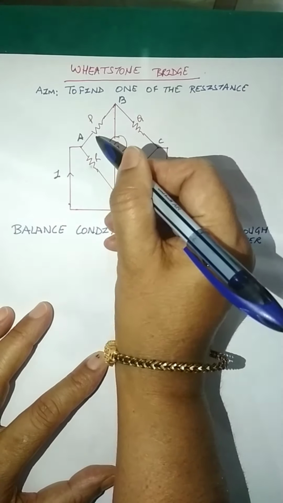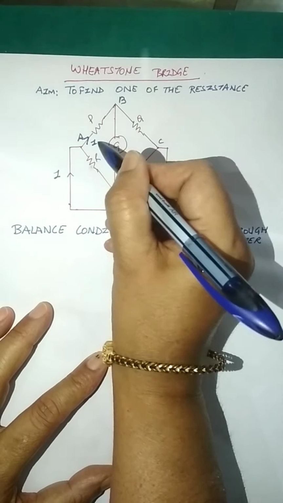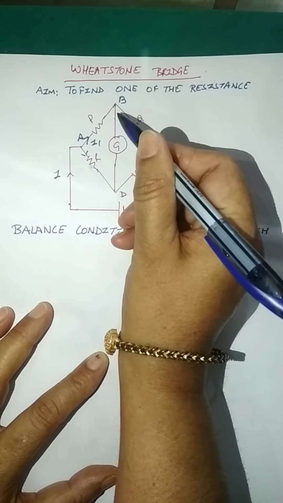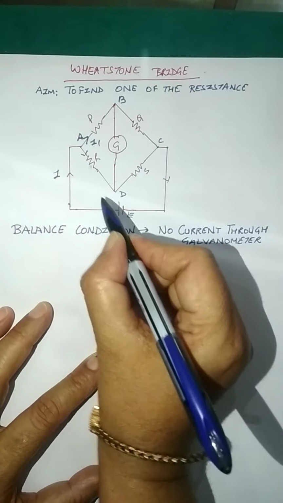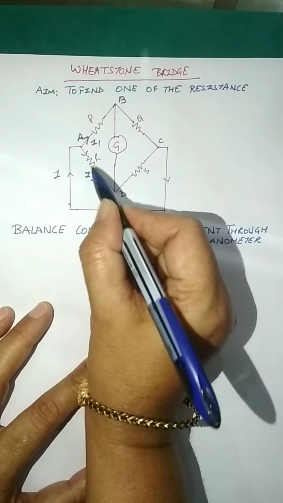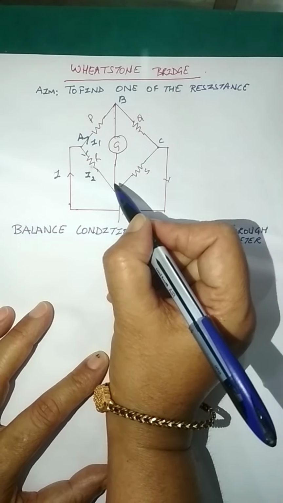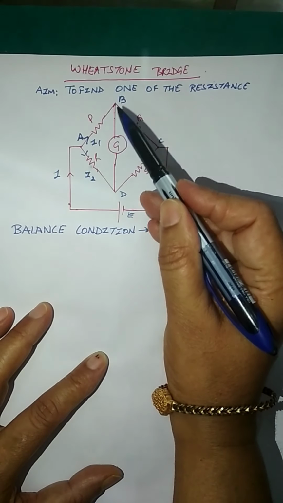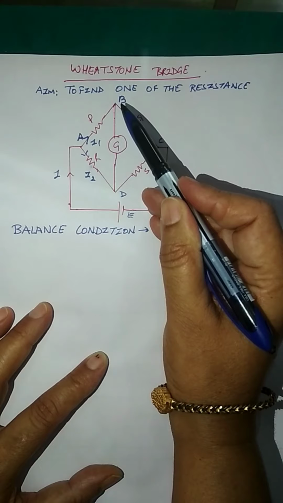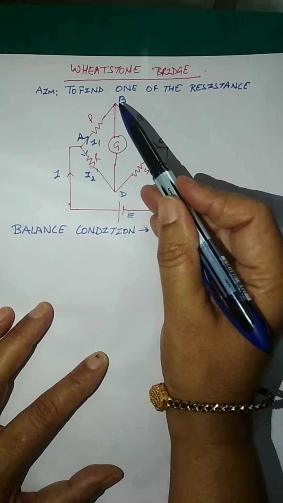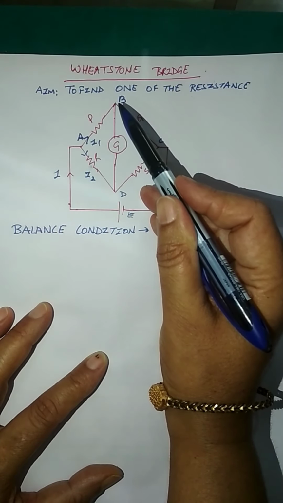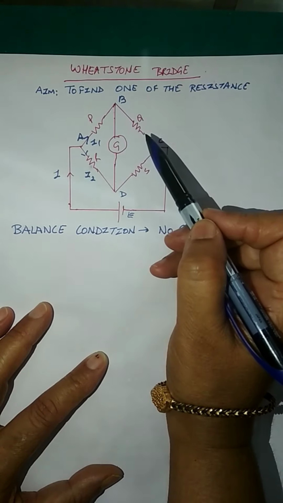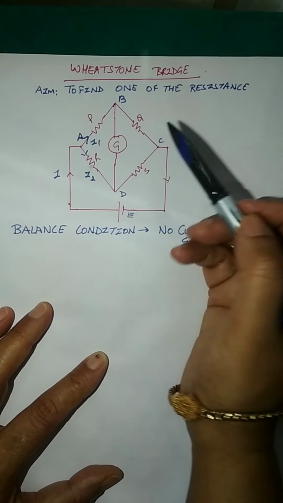Now say the current I1 will go into the arm PQ and flow through the resistance P, and the current I2 flows through the resistance R. Now as this current I1 goes into the resistance P, as it reaches the point B, again you can see at B it's a junction. So that means the current will divide, some current will go through the galvanometer G and the rest of the current will flow through the resistance Q.